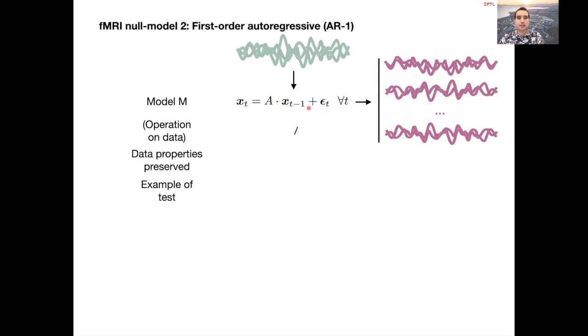In this case, the data properties that are preserved are the mean and sigma, as for the multivariate Gaussian, but also R1, which is the one lag autocorrelation matrix. It's also an n by n matrix, not symmetric anymore in this case, that encodes the link between variable i at time t and variable j at time t plus 1. So the diagonal of this matrix would just be the autocorrelation in all the ROIs, and the off-diagonal terms are called cross-correlation terms.